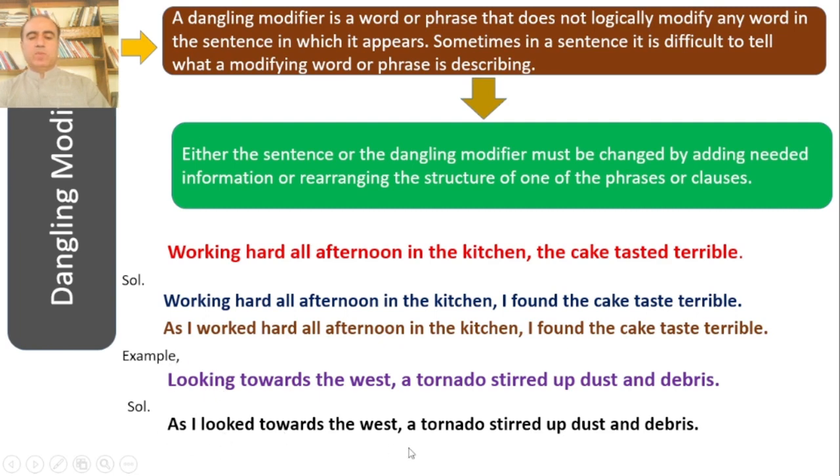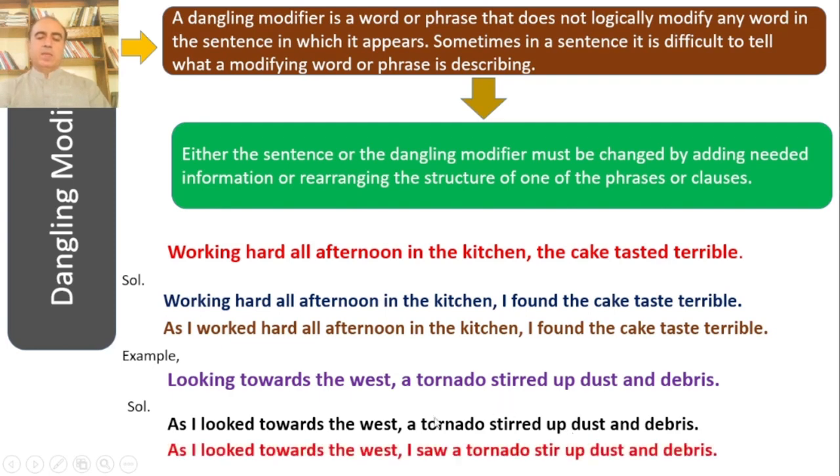As I looked toward the west, a tornado stirred up dust and debris. Or you can revise it: as I looked toward the west, I saw a tornado stir up dust and debris. Or you can say, looking toward the west, I saw a tornado stir up dust and debris. That also can be the case.